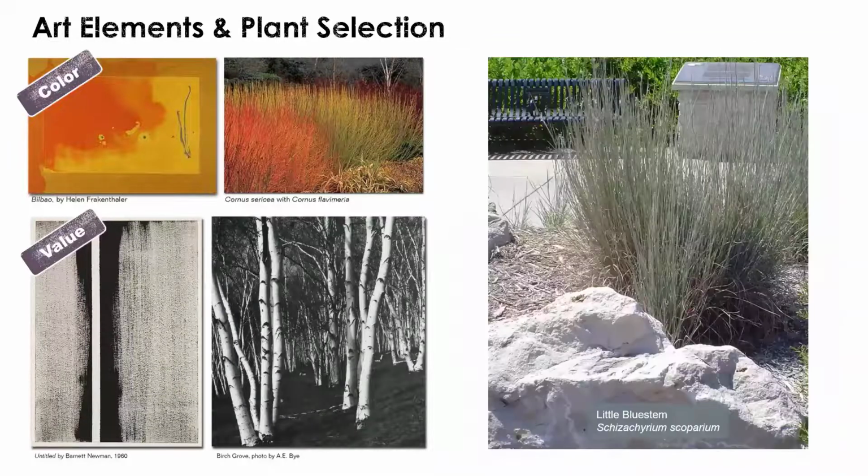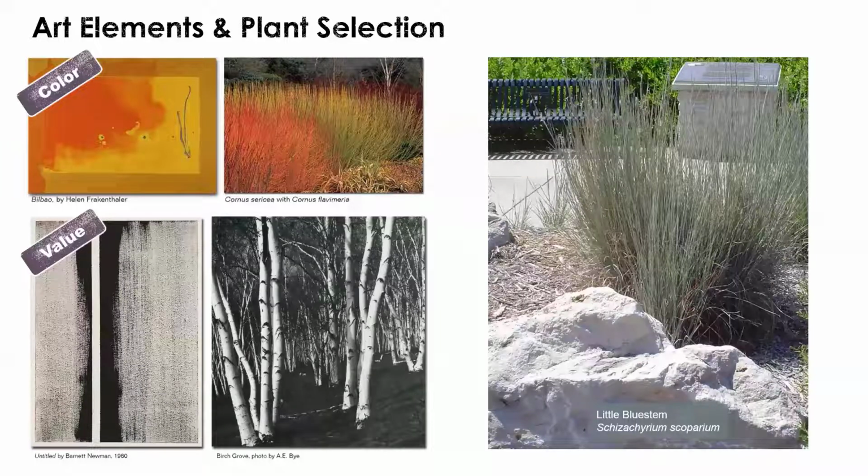The photograph here on the right side of your screen shows 2 different elements in this landscape bed that have a very similar value. It's a very high value in color. You've got the white of the limestone rock that is directly in front of some little blue stem, a native warm season grass.